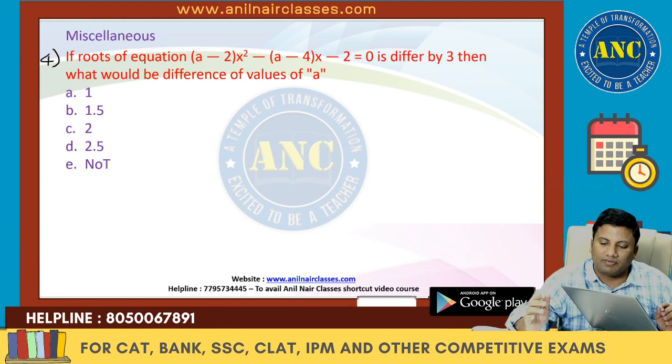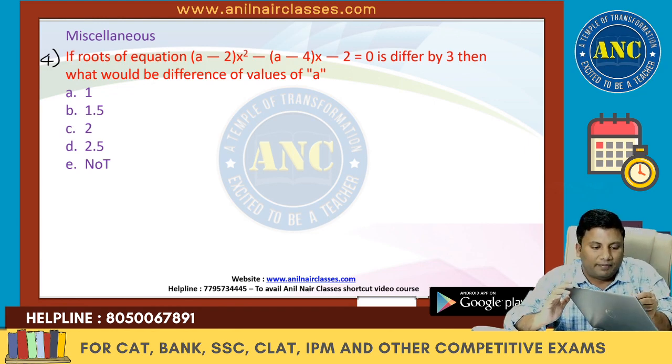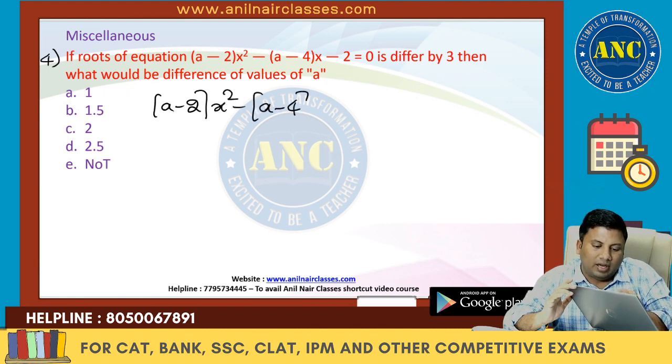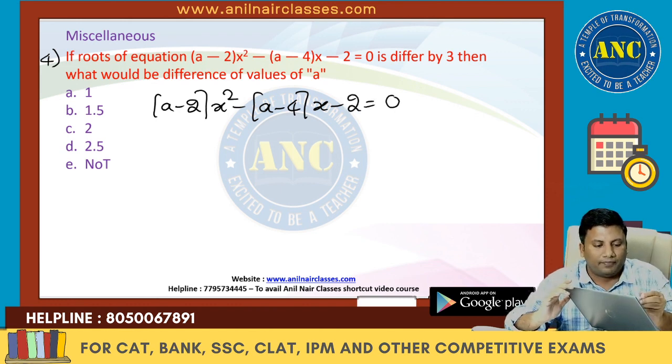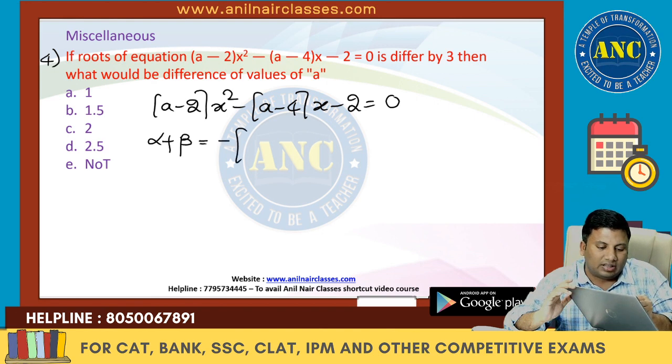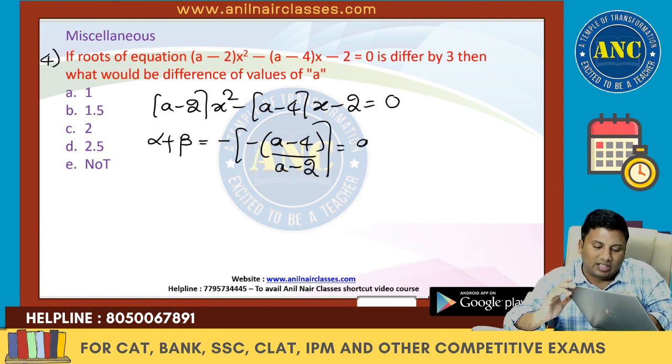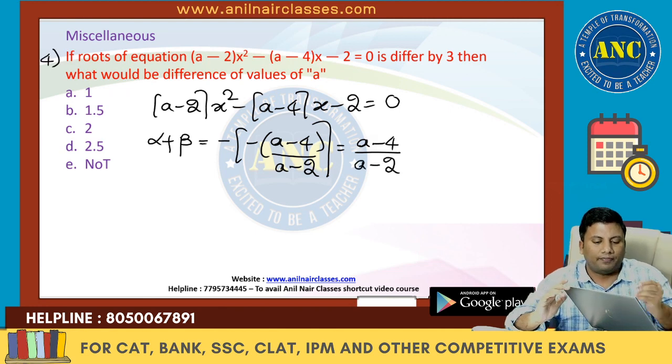If the roots of the equation differ by 3, the equation is a minus 2 into x square minus a minus 4 into x minus 2 equivalent to 0. Sum of the roots, alpha plus beta, is nothing but minus of minus a minus 4 by a minus 2, which is a minus 4 by a minus 2.